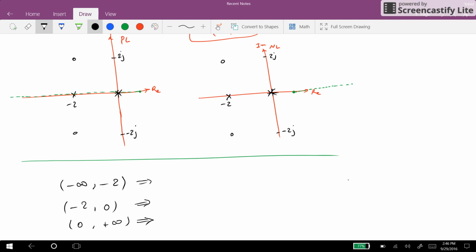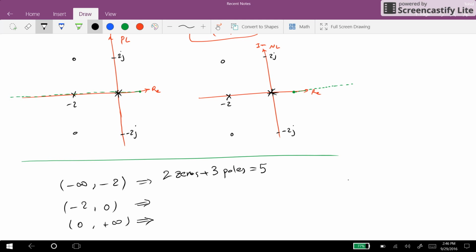For the first case, we see that we have 2 zeros, one pole at -2 and 2 poles at the origin. So in general, we have 2 zeros plus 3 poles, which is equal to 5.